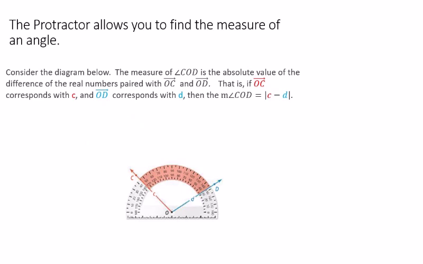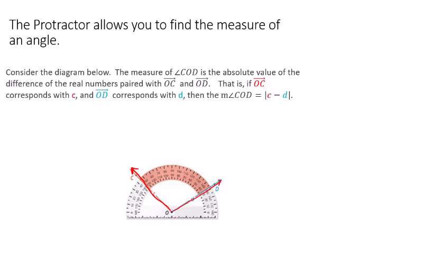So we can use a protractor to measure angles. So if we have this situation here, the measure of angle COD, similar to measuring lines, right? The measure of angle COD is the absolute value difference of the measure of ray OC and the ray OD.